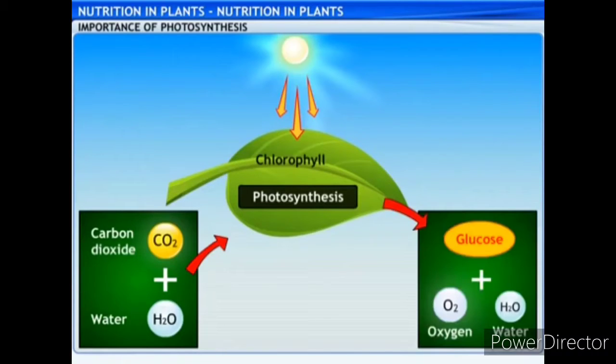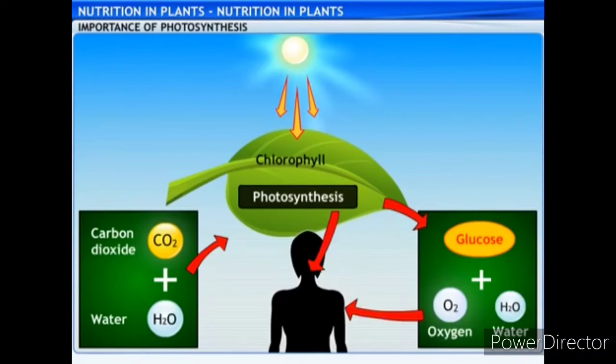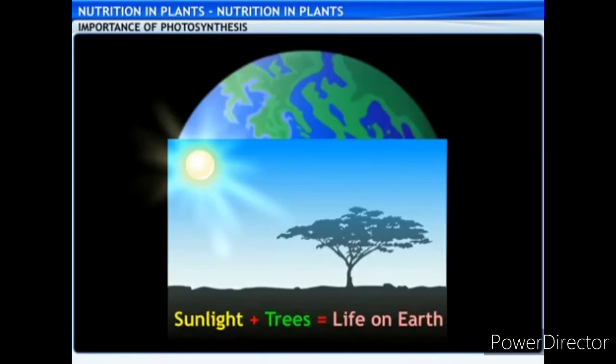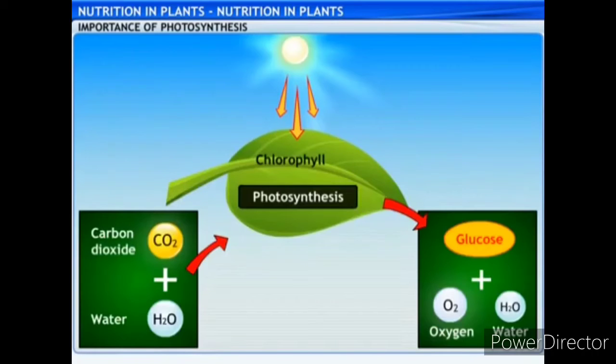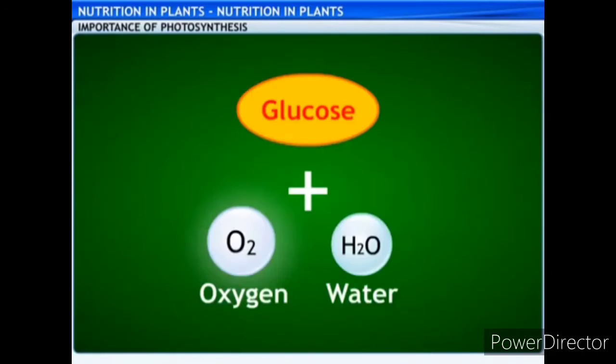It will combine carbon dioxide molecules with water molecules and prepare glucose. Here, glucose has to be broken down into very small particles with the help of oxygen. So, human beings need oxygen to release their energy.